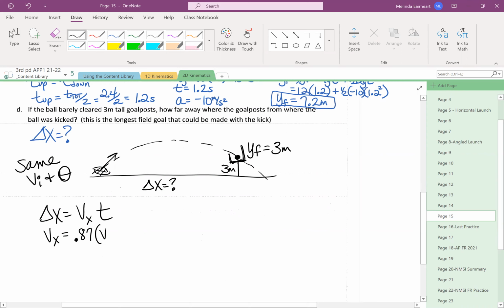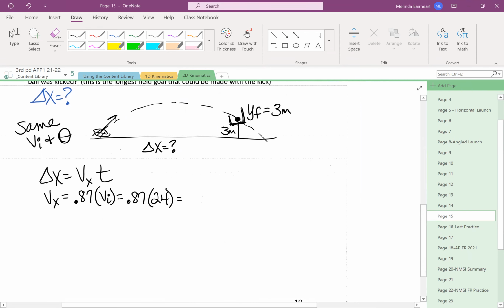Vx is 0.87 times VI. Well, now we know that the hypotenuse was 24. So what's 0.87 times 24? $20.88. So 20.88 is going to be that horizontal.